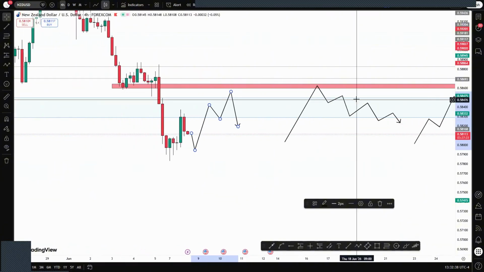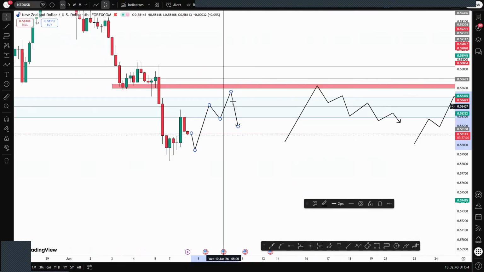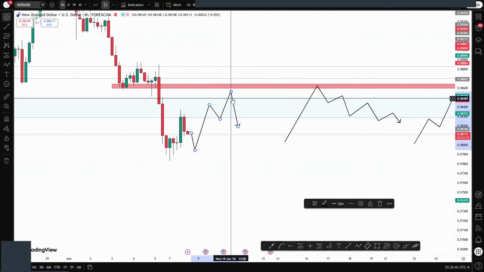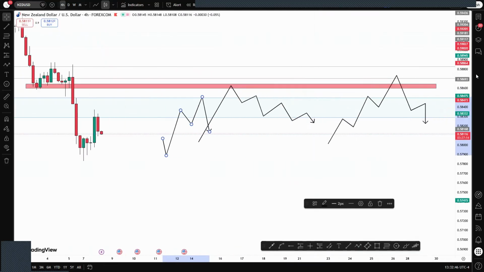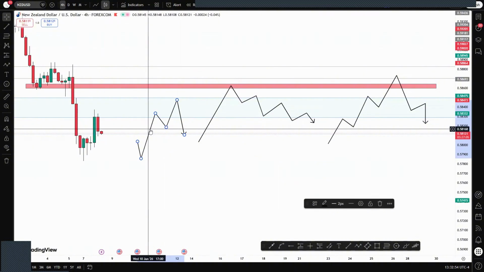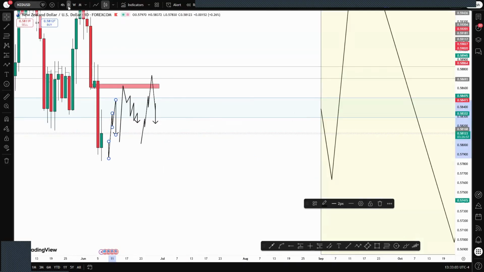Or price might continue buying up and retest this level here. So right now I'm just opening you guys to ideas so that you can be free with any idea that goes on.